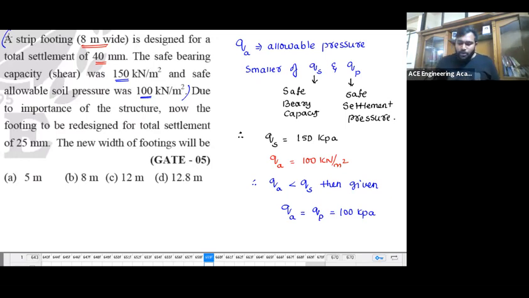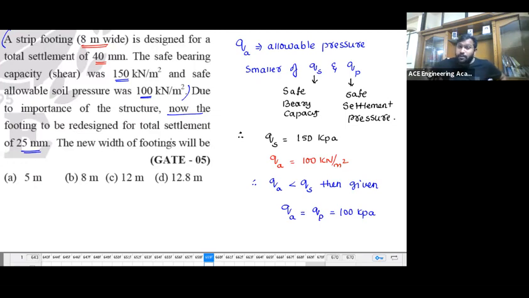Now, due to the importance of the structure, the footing is to be redesigned for a total settlement of 25 mm only. Then what is the new width of the footing? You know that if the width changes, the bearing capacity also changes, or not?